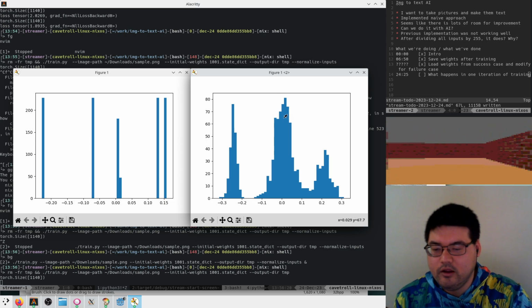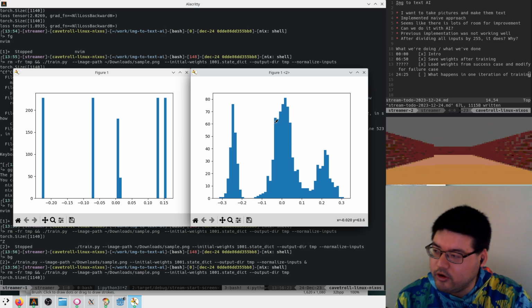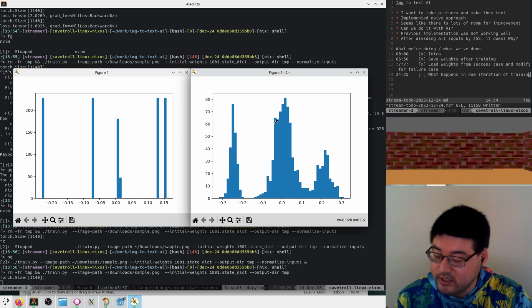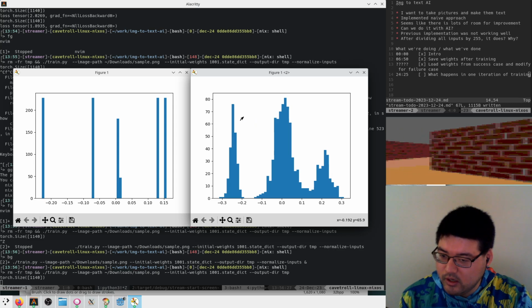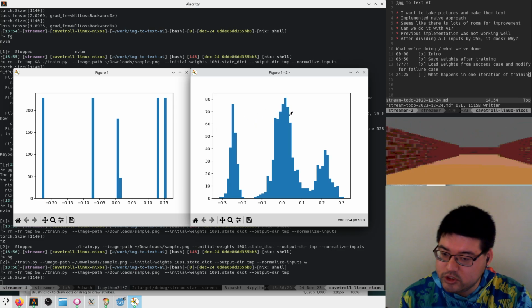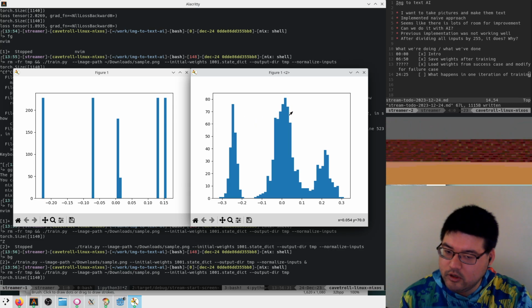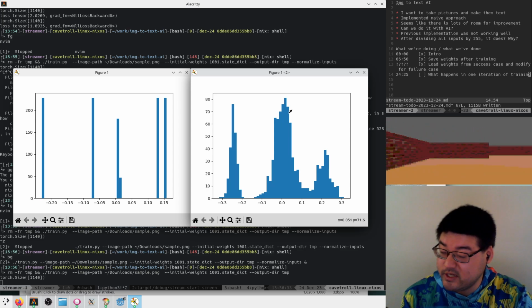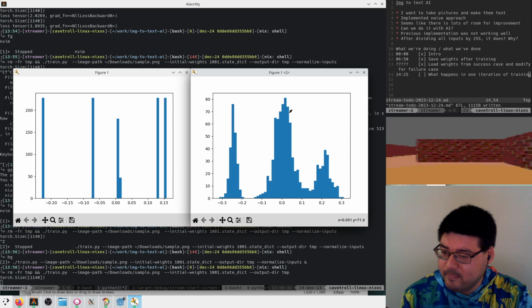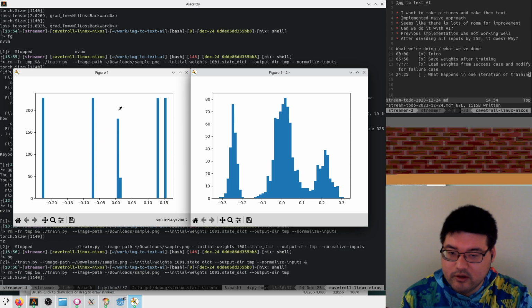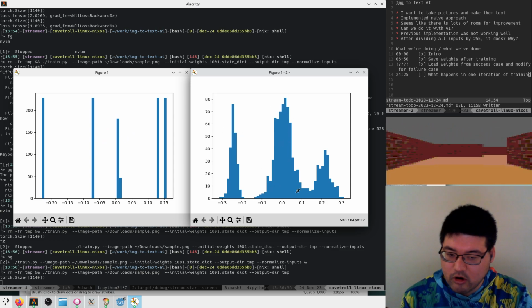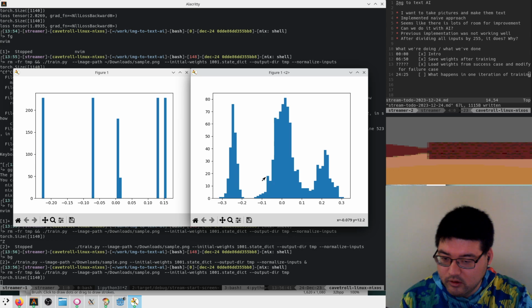It tells me that in the case where we have non-normalized inputs, it's trying to change more? No, that doesn't tell us that. So here, actually, there's a lot of things that aren't changing by a lot. Then some things that are changing by quite a bit.